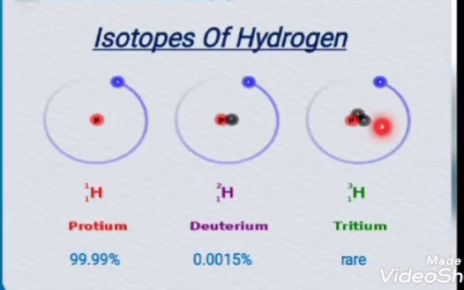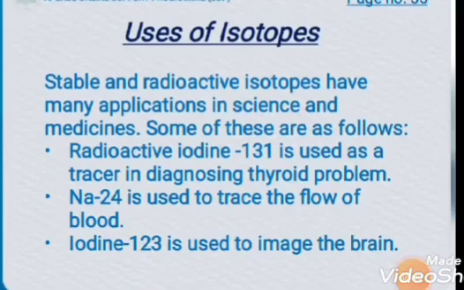It has unstable nucleus. Students, the uses of isotopes. As you all know that radioactive isotopes have many applications in science and medicines. Some of its applications are as follows. Radioactive iodine-131 is used as a tracer in diagnosing thyroid problems.